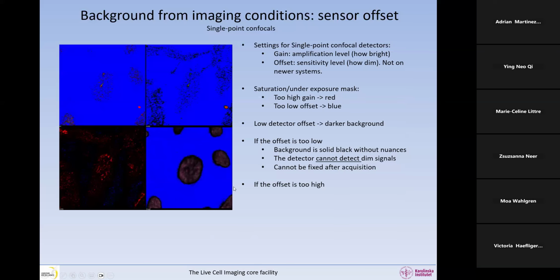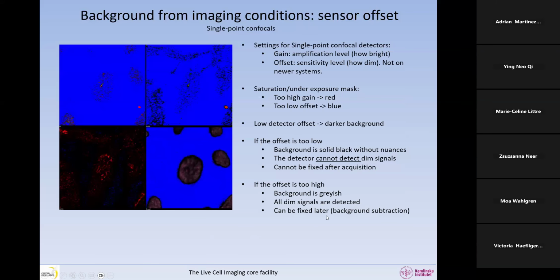If in another way the offset is too high, what we will have when we remove this blue color mask is that the background is going to be a little bit gray. Okay, it's better to have the background gray than completely underexposed like this. Because if you have the background gray anyway, all the dim signals are detected, so you're not missing anything.